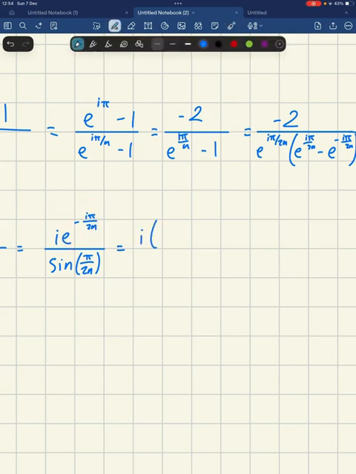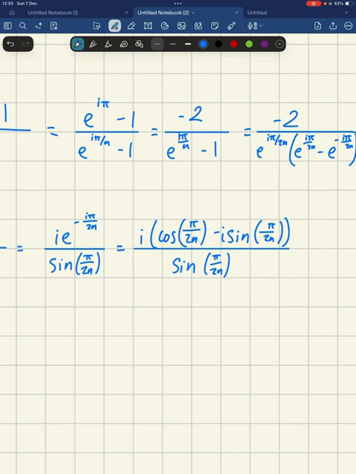So what we're going to get is i into e to the minus i pi over 2n, so cos of pi over 2n minus i sine of pi over 2n. Nope, we're not going to have an i in there. The i is going to be here. And that's over sine of pi by 2n.